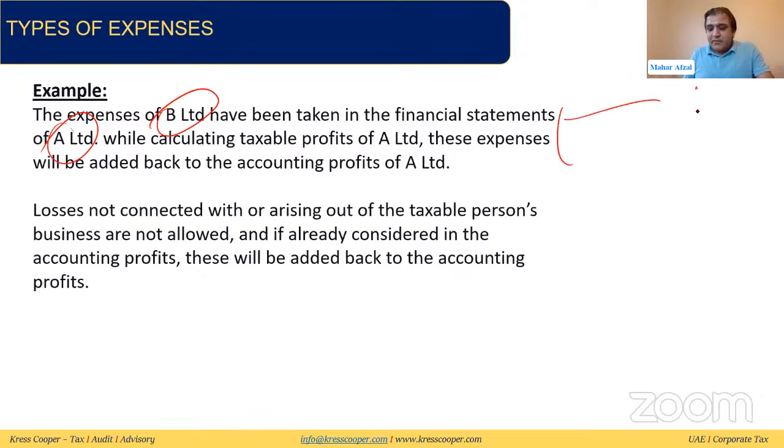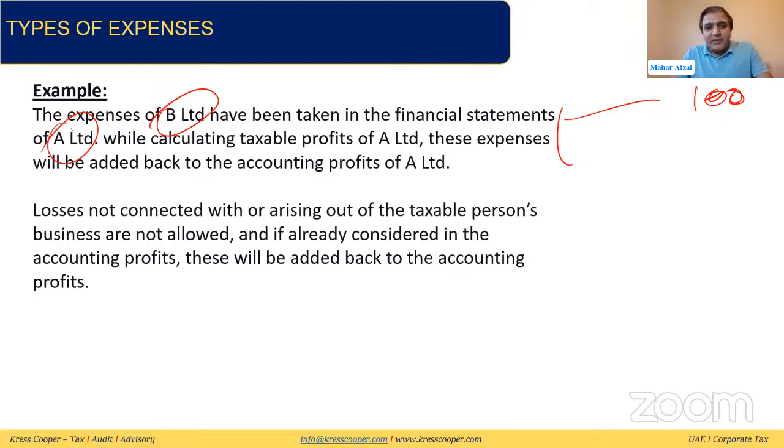So A Limited's profits are 100, but to arrive at this 100, some expenses of B Limited have been deducted, which should not have been deducted because these expenses don't pertain to the business of A Limited. So these expenses will be added back to arrive at the taxable profits of A Limited.